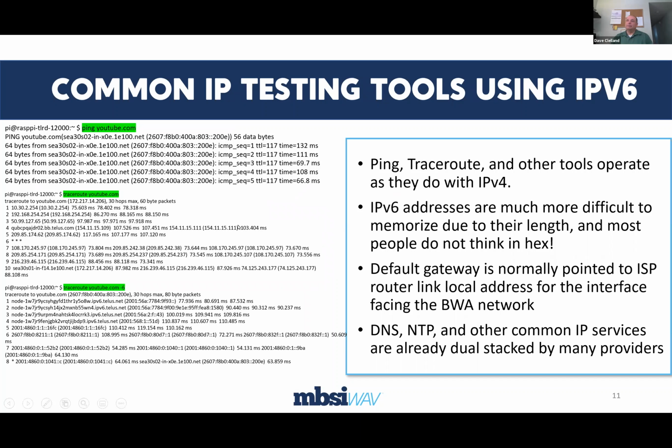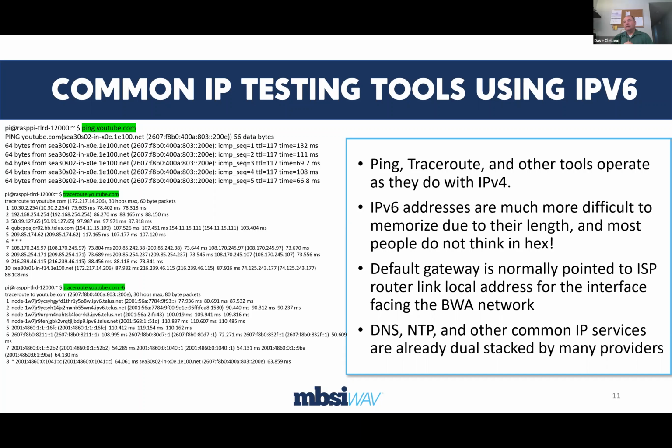One of the things that I like about this is that when we run our equipment behind the CPE in this dual stack mode, all of the normal tools that we're used to are all available to us. So in the first example here, I pinged YouTube, and because I've got IPv6 enabled, an IPv6 server responded to me.